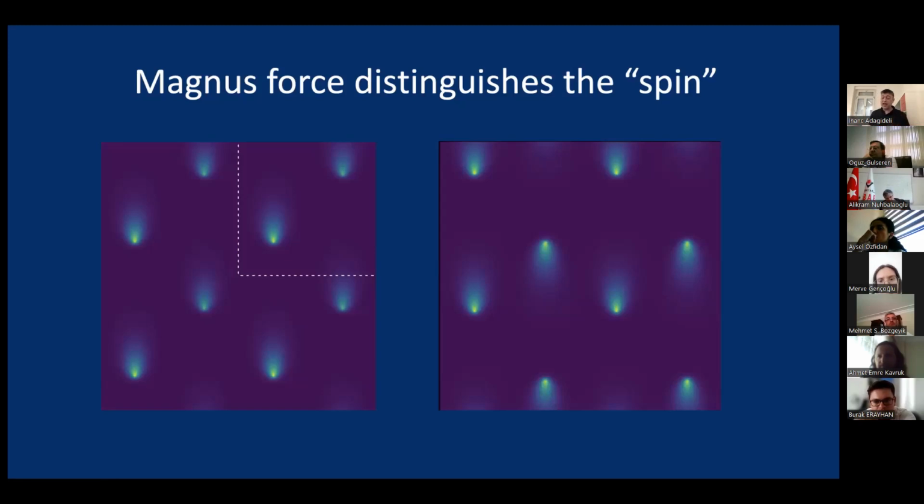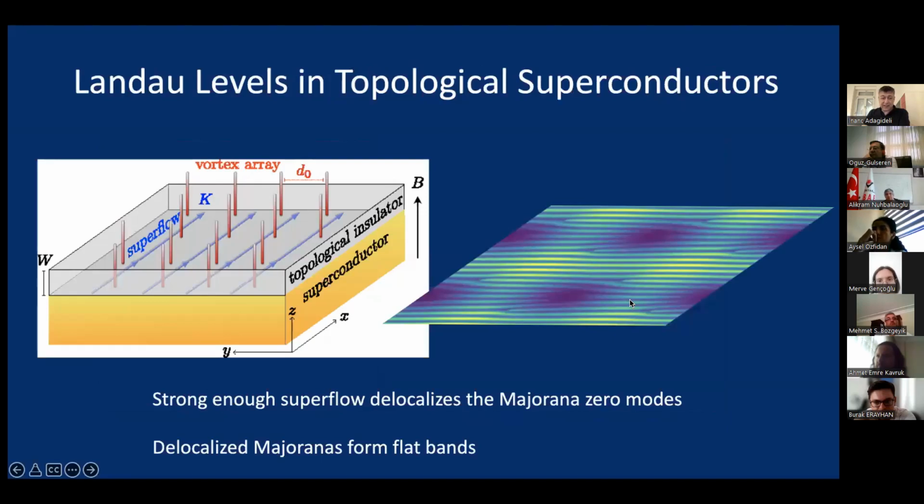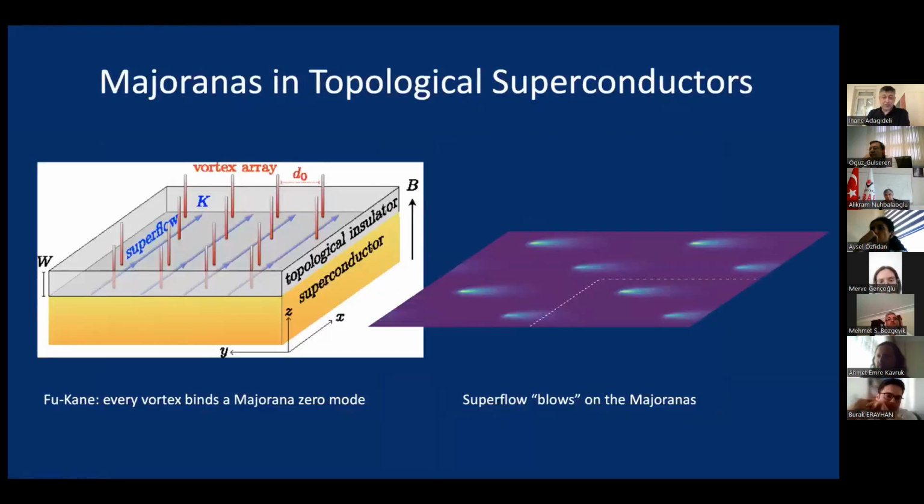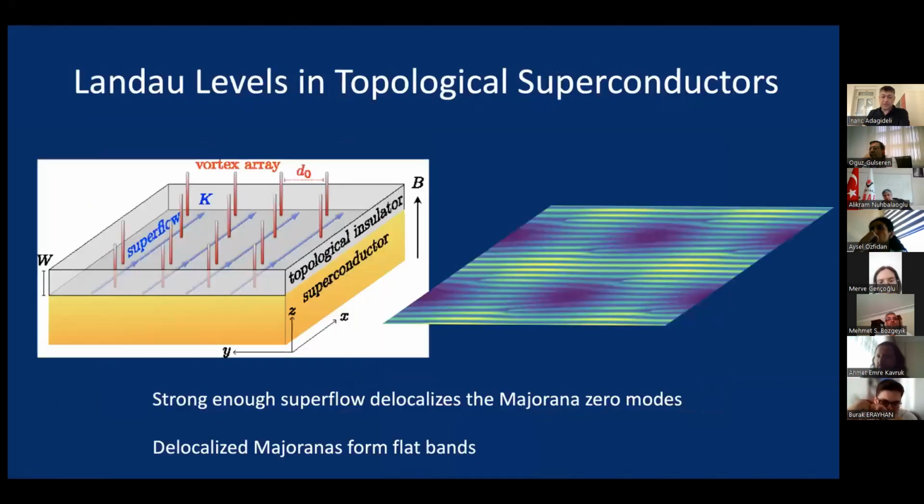That's the whole point. But if you blow on them with the supercurrent, you can actually blow them in a certain direction. That's a very exciting thing. So now the question is, this Magnus force distinguishes the spin, right? If you put enough force on that.